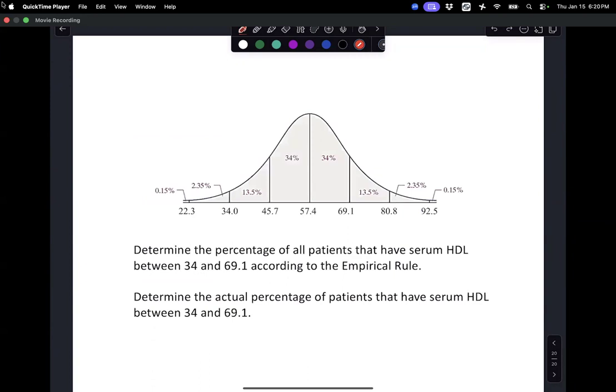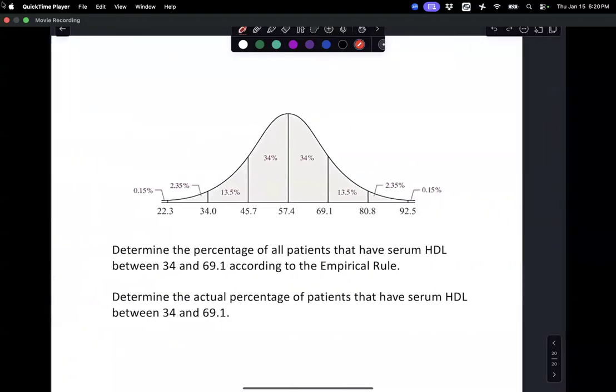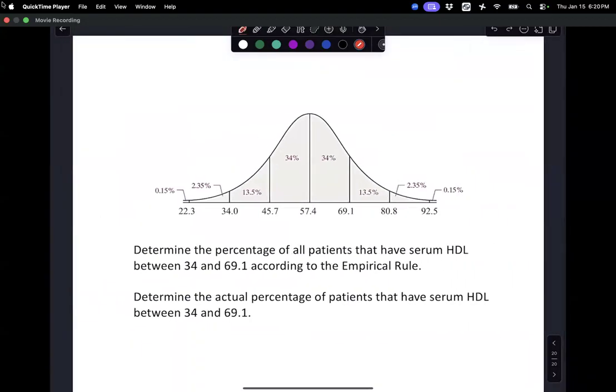All right. Here's my bell curve. This is what you're going to be using it for. You're going to get a data set. You'll have a mean and a standard deviation. You can label each section. So our standard deviation was 11.7. So what I did is I took 57.4, I added 11.7, which is my standard deviation, and I got 69.1.